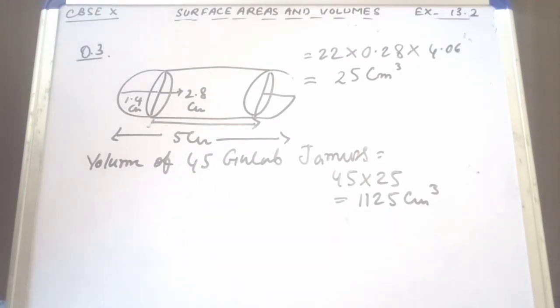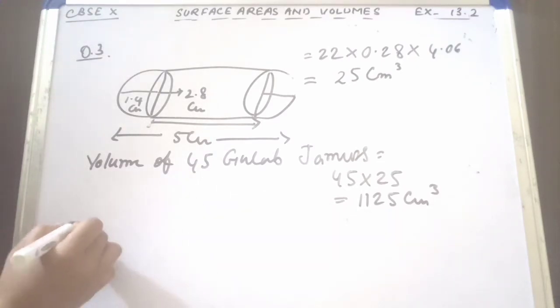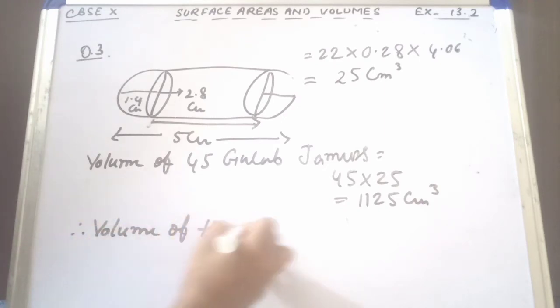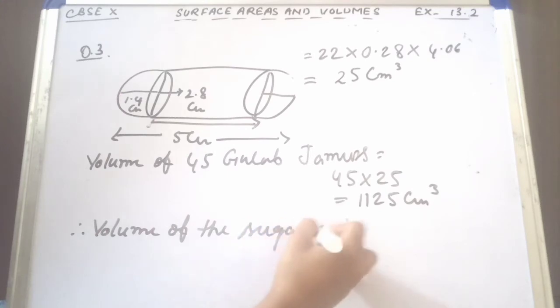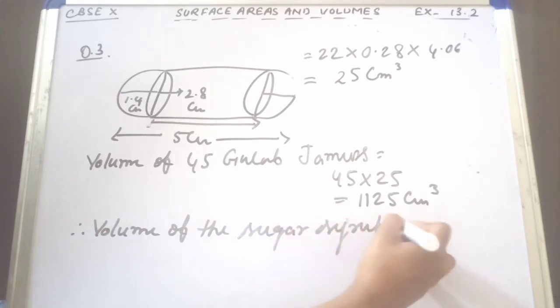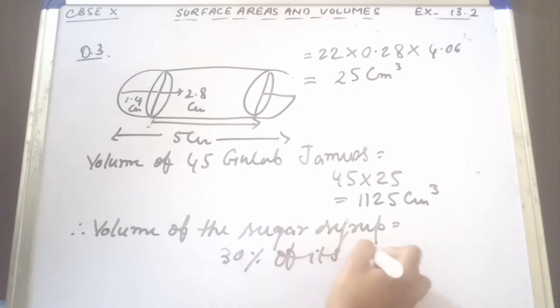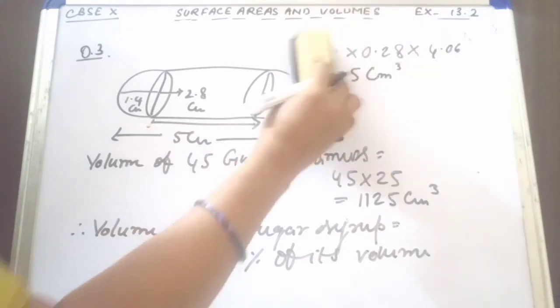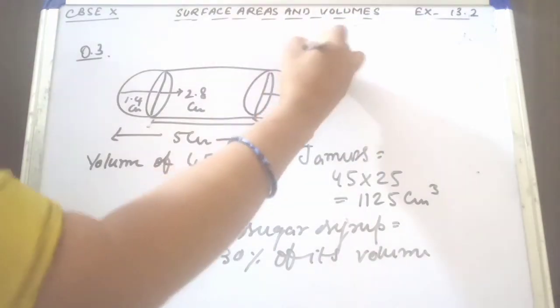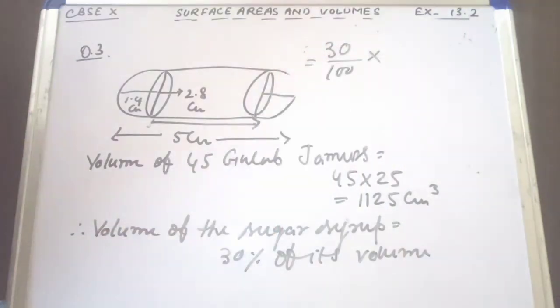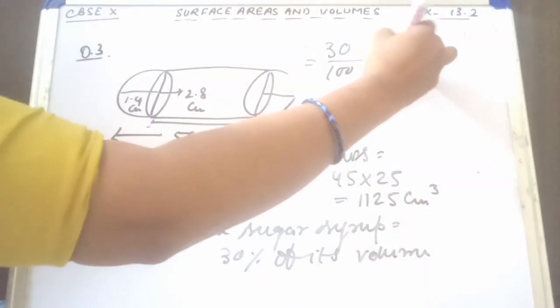Now you have to find the volume of the sugar syrup. Volume of the sugar syrup is equal to 30% of its volume. That means 30 by 100 into 1125.